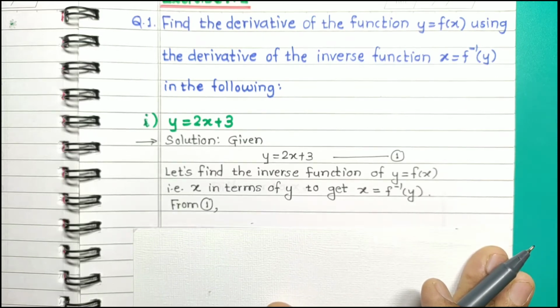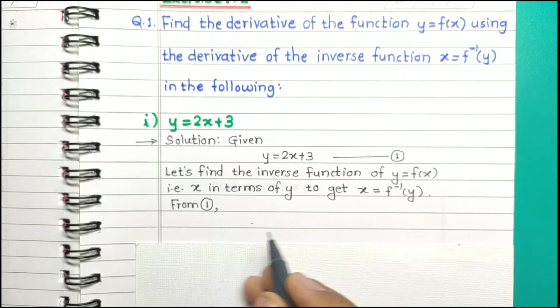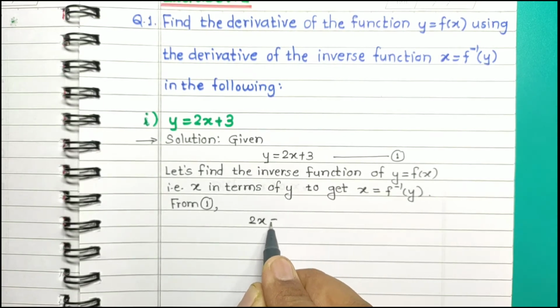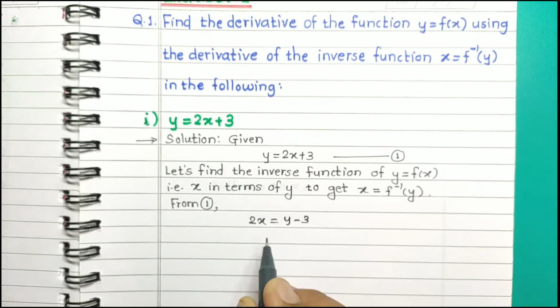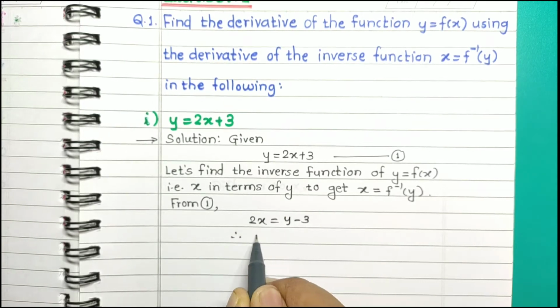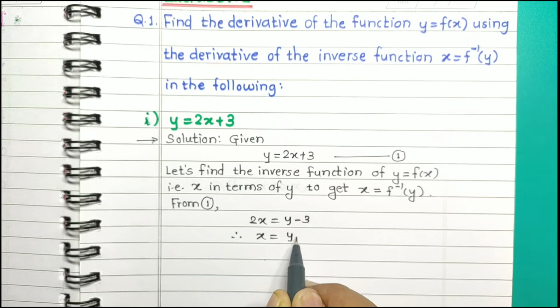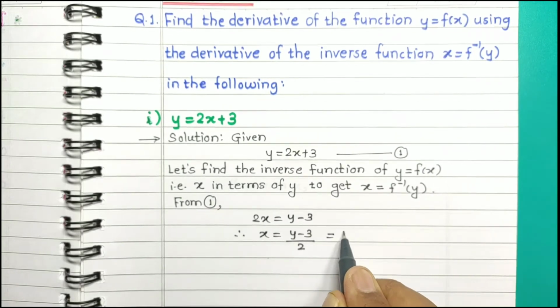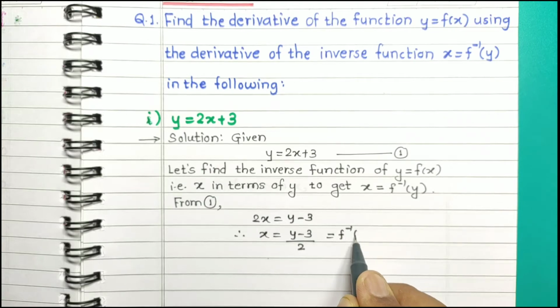So from equation 1 we can write 2x is equal to y minus 3, and therefore x is equal to y minus 3 upon 2. This is f inverse of y.